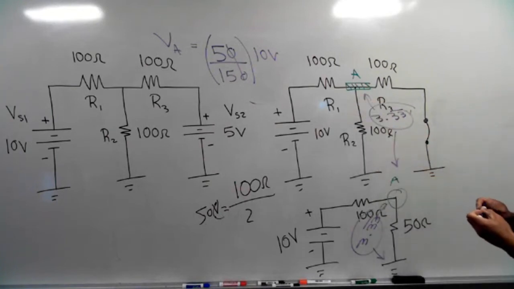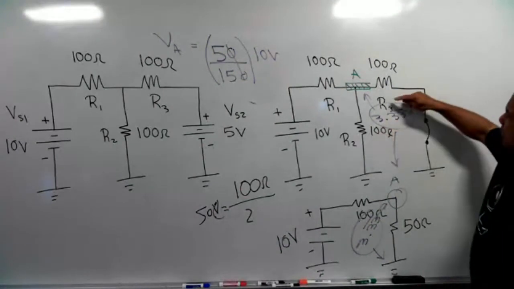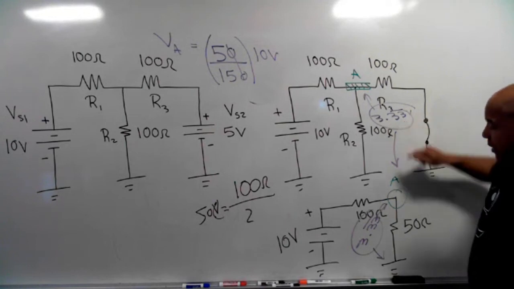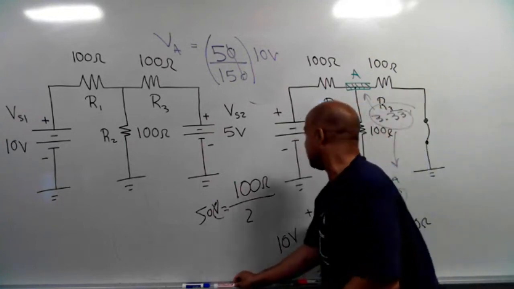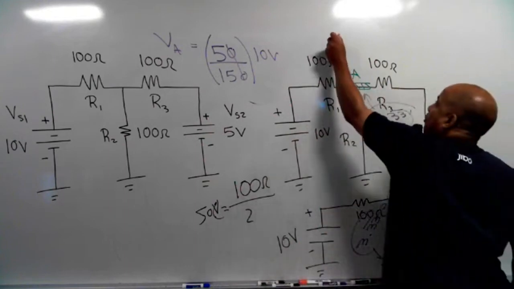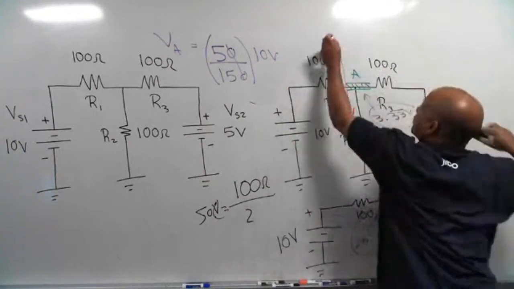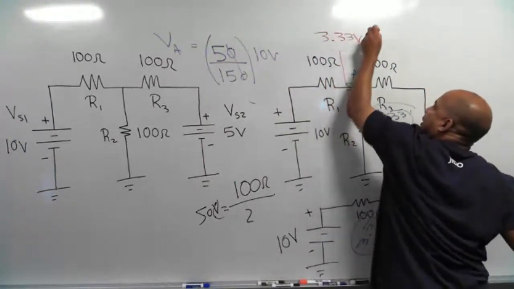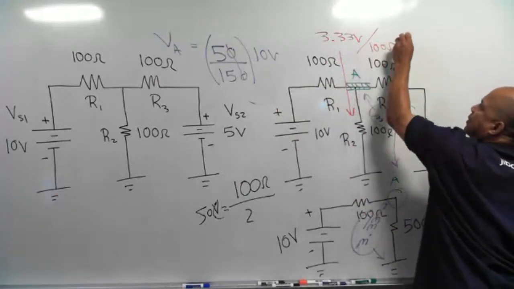So that means that since both these resistors are in parallel, they both get that 3.33 volts. So now that I know the voltage across R2, I can easily find the current in R2 by taking the voltage, which is 3.33 volts, divided by the resistance, which is 100 ohms.